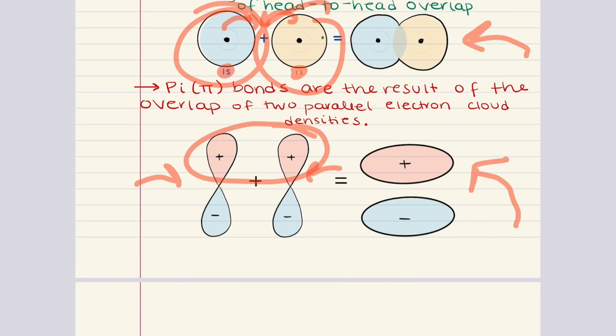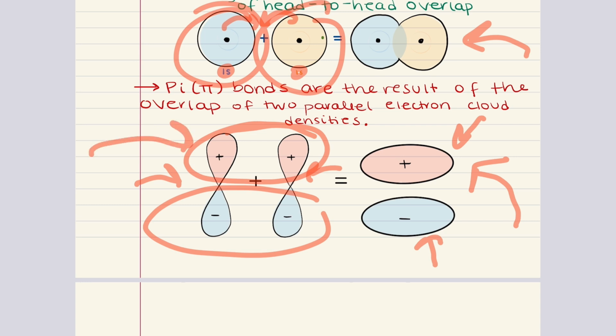We have these 2 regions of the same sign, keeping it simple here, that form these 2 parallel electron cloud densities. And so this is an example of that. And a double bond consists of 1 sigma bond and this 1 pi bond, which we see right here. Triple bonds consist of 1 sigma bond and then 2 pi bonds.